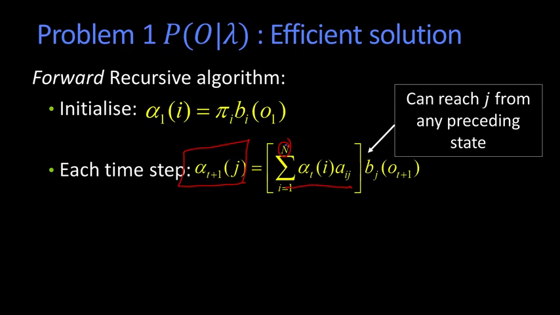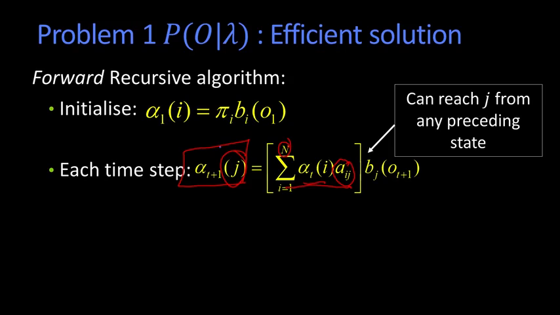There are n possible states of possibly being in those states at time t. That's what alpha t is, right? And alpha t also includes all of the observations up through t, times the transition probability of going from i to j. Remember, we're trying to compute alpha t plus 1 of j. So that's the probability that I land in the state j.